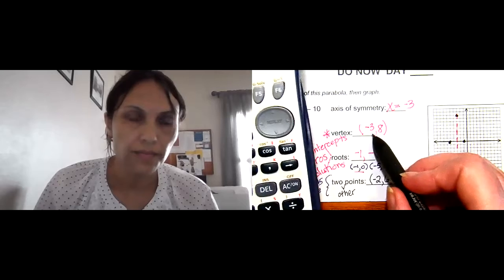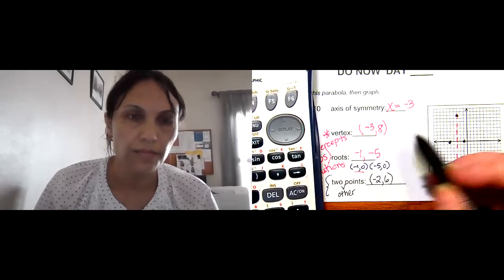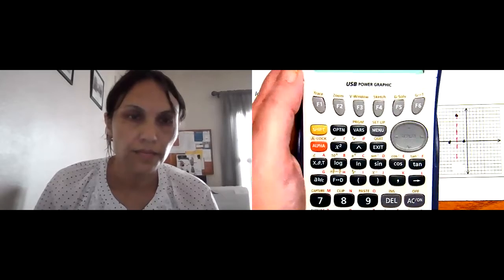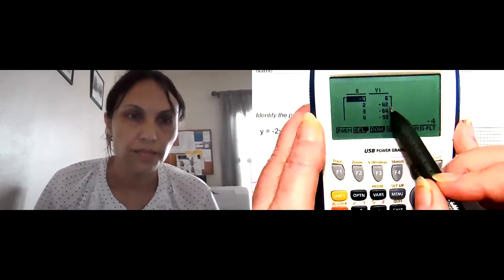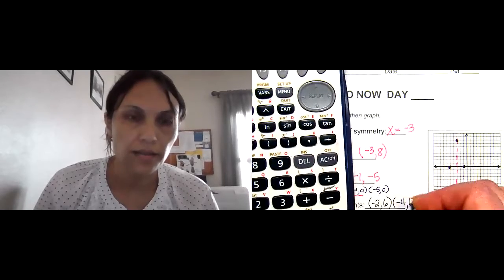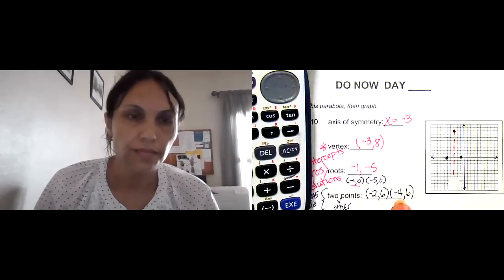Now -3, I already have. When x is -3, it's 8, so it's not new. So I'm going to try -4. -4, 6. And so I have 2 other points.